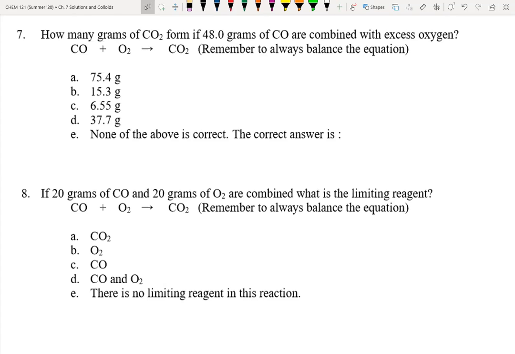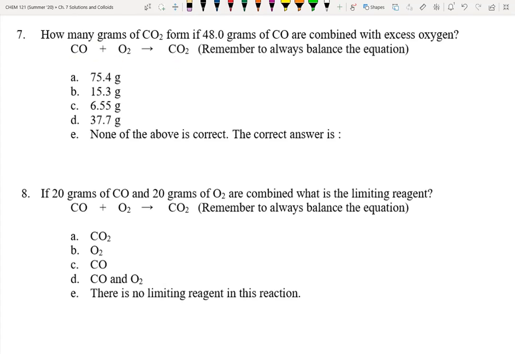It looks like the carbons are balanced right now, right? We've got one on each side. But now I've got 3 oxygens on the left and only 2 on the right. What should we do if we run into weird situations like that, where it's an even-odd thing? Double the biggest molecule.